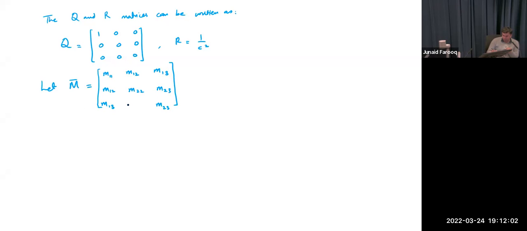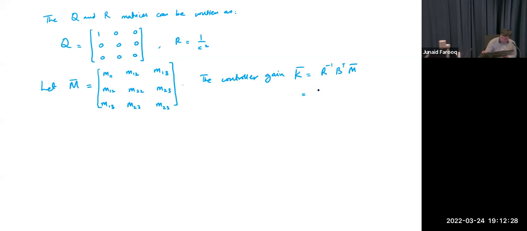Here we have M23 and then M23 here. So that's the M bar, and the controller gain K bar is R inverse B transpose M bar.